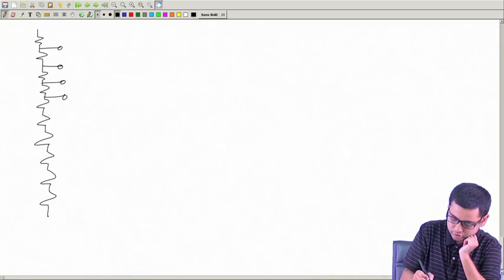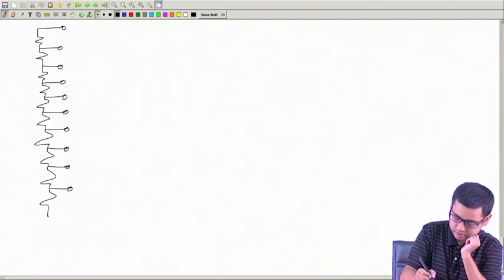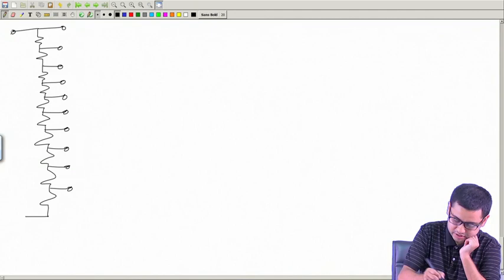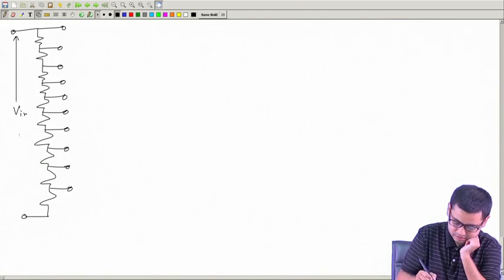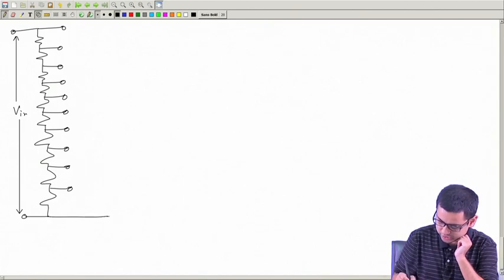This is one potential divider, and this side is the input V in, and V out is between this terminal and wherever you connect it.